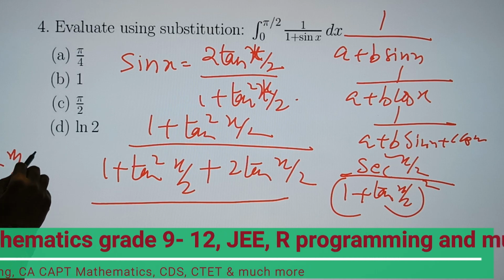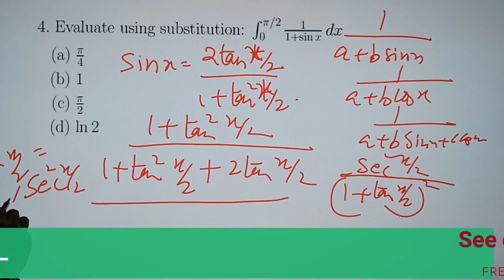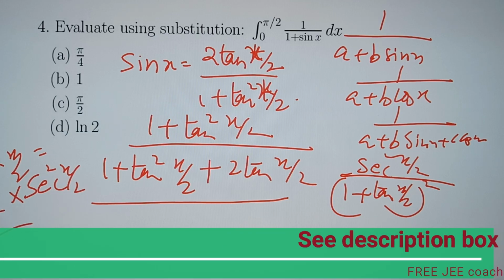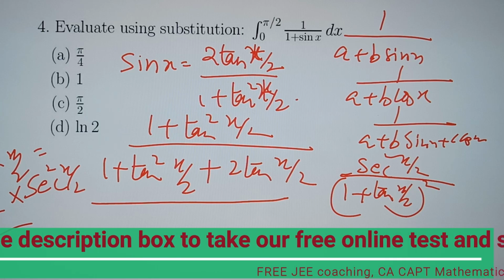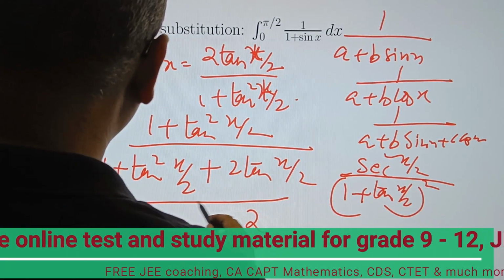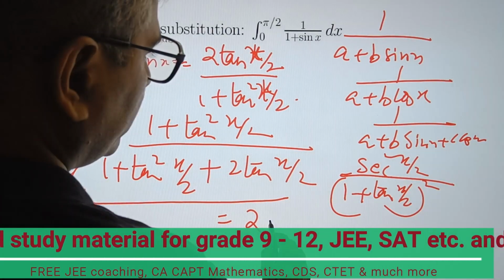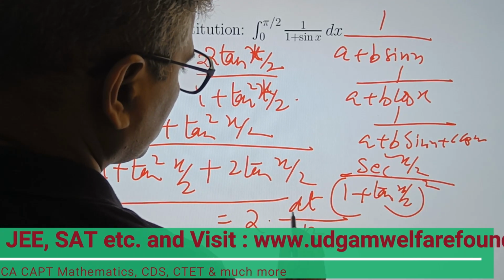Tan x by 2's derivative is sec square x by 2 into half. So this will be your derivative of tan x by 2. So you can write it this way, 2 into dt upon t square.